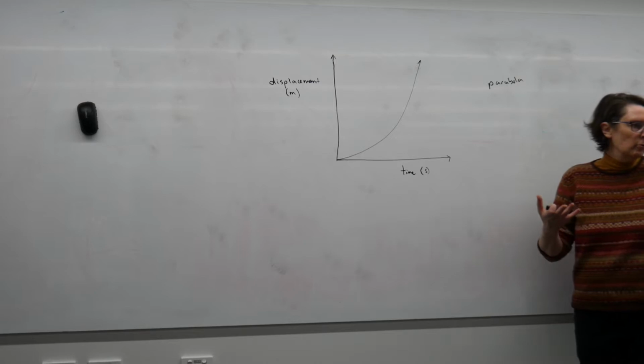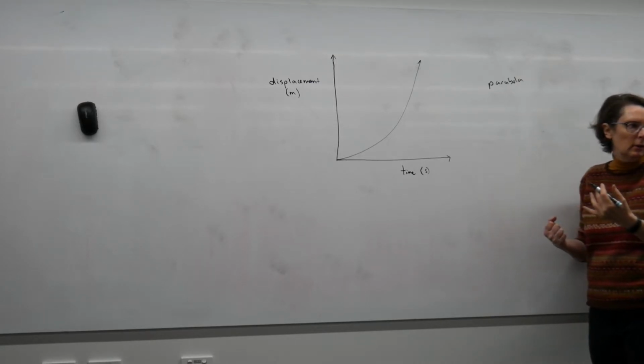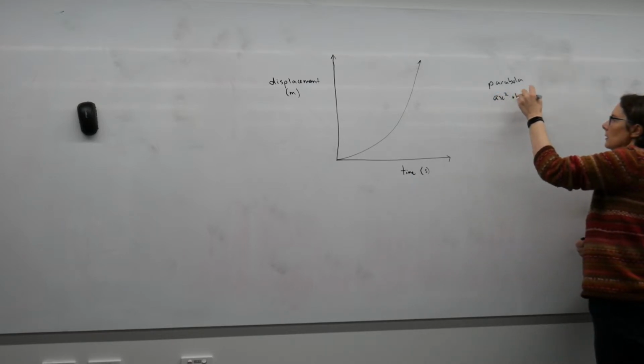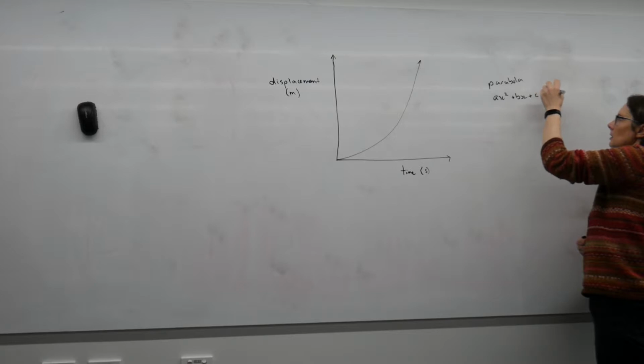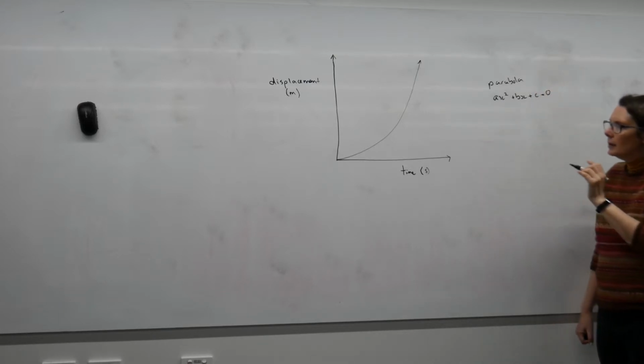And so we have what? Ax squared plus bx plus c equals 0 or something like that, yeah? Now don't worry about this for those of you not doing methods maths, but it is a parabola.